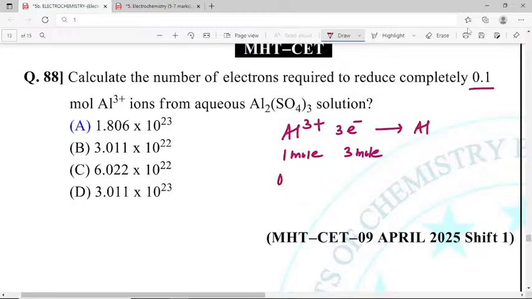So my question is that 0.1 mole is equal to question mark. So 0.1 gives 0.3 mole.